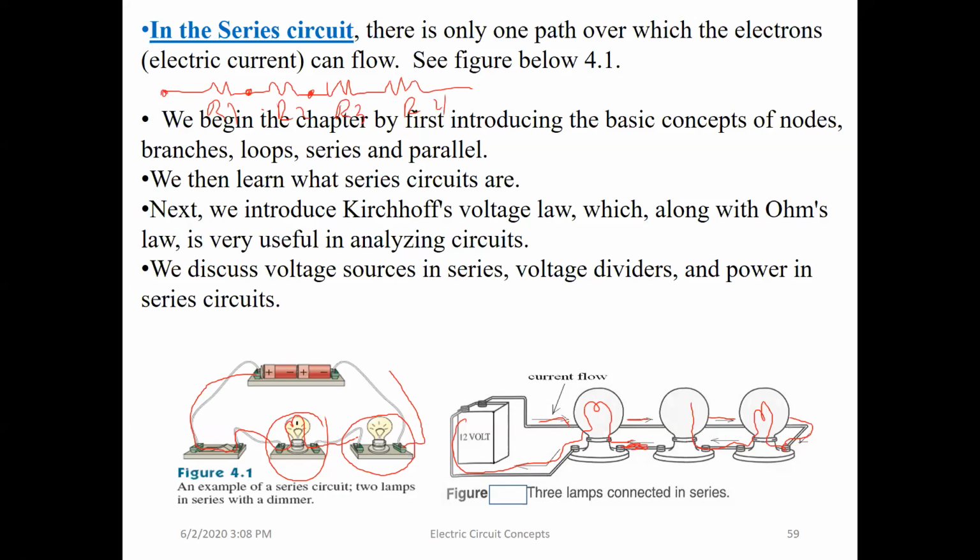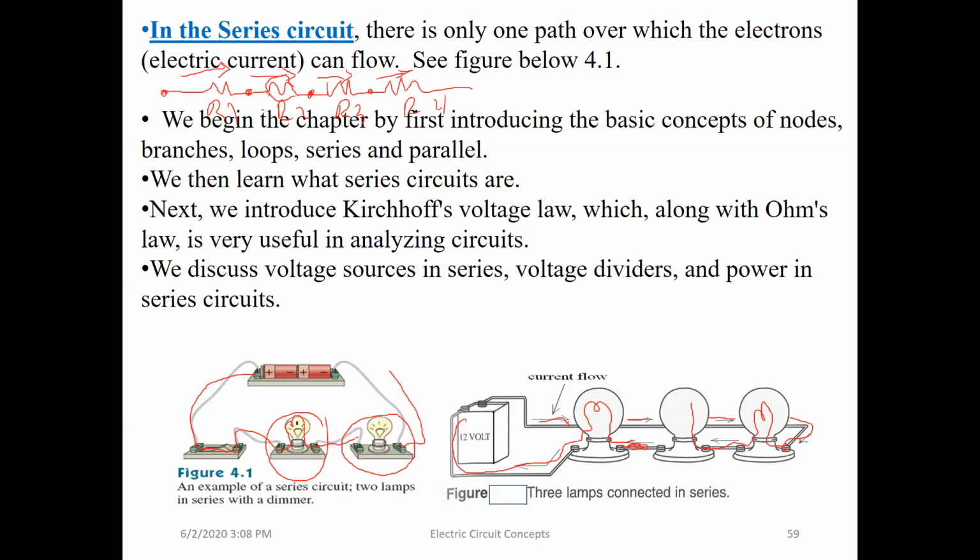The second end of this resistor will be connected to the first end of this resistor here. Then the second terminal of R2 will be connected to the first terminal of R3, and the second terminal of R3 will be connected to the first terminal of R4. So if we apply a current through R1, the same current will flow through R2, R3, and R4, and then come out and move back to the power supply.